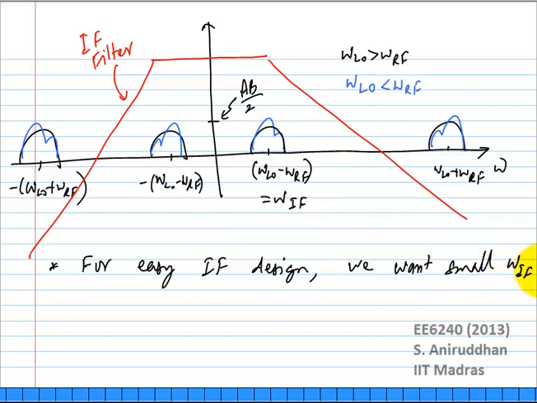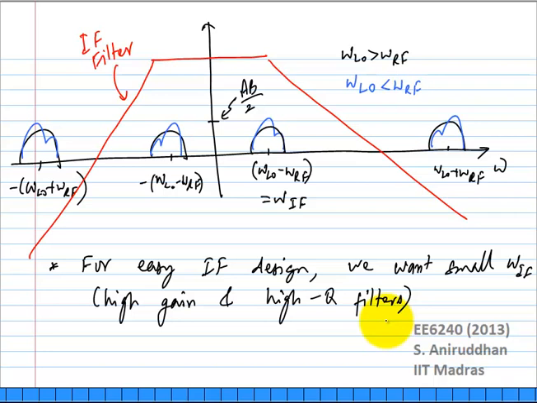Small omega IF. So you can realize both high gain as well as high Q filtering. This looks fine, right? You choose as low an omega IF as possible, do everything else, and you are done.